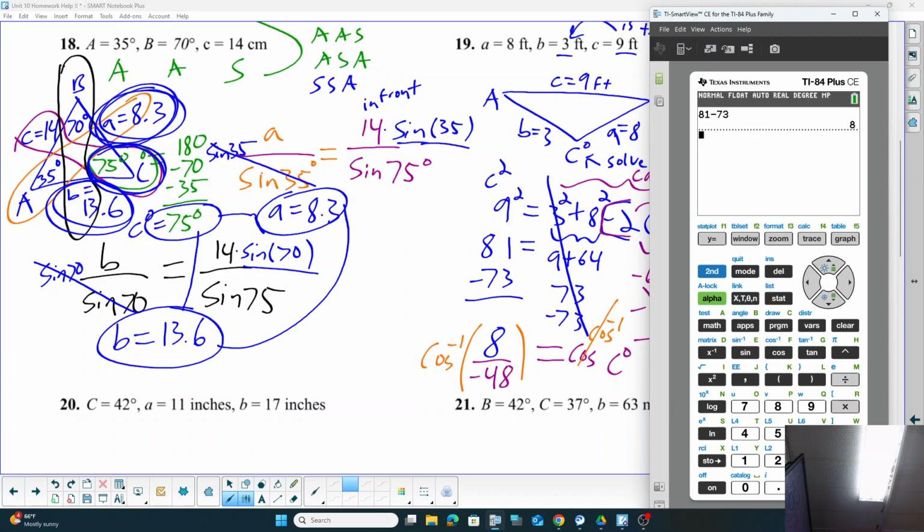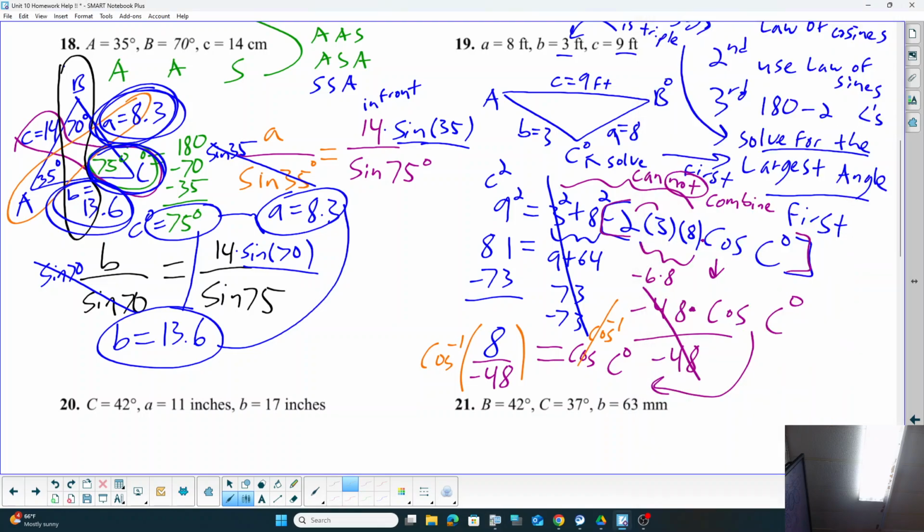So now make sure our mode is in degrees. We're going to go inverse cosine of 8 divided by negative 48, close parenthesis, and that gives us 99.59, or 99.6. So angle C is equal to 99.6 degrees, which is bigger than 90, which is an obtuse angle.